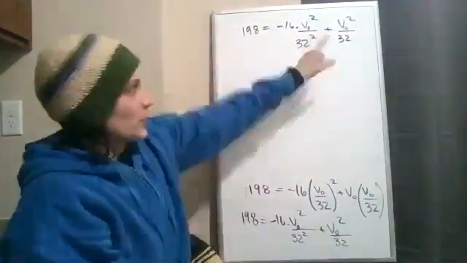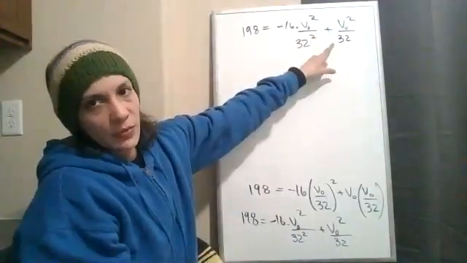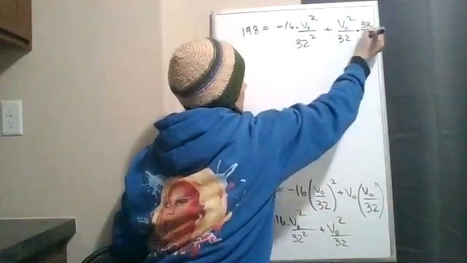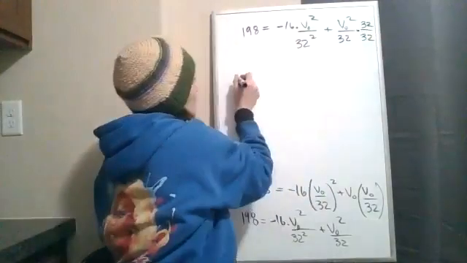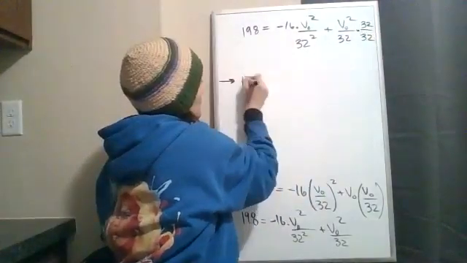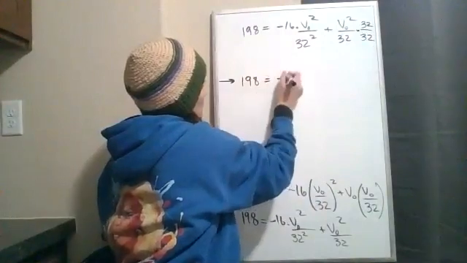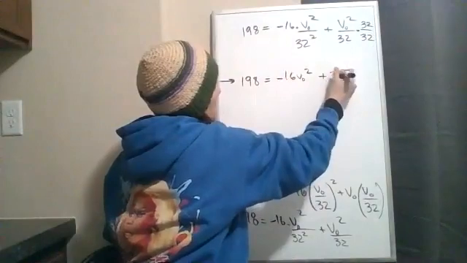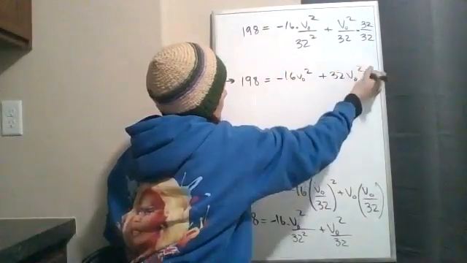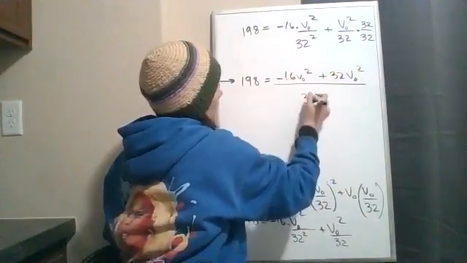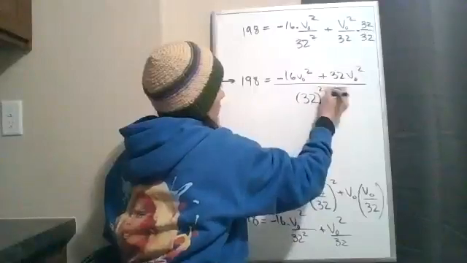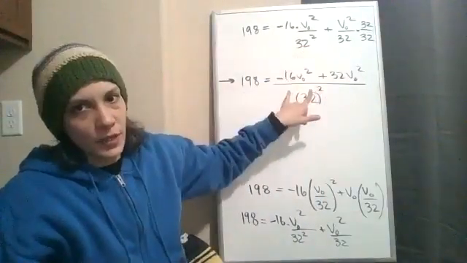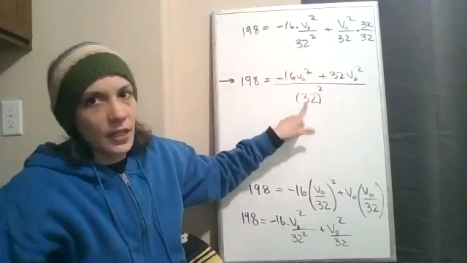So what I did is multiply this by 32 over 32, which is a fancy number 1. So I got that common denominator, just put the numerator over 32 squared.